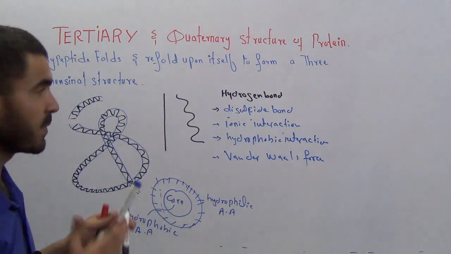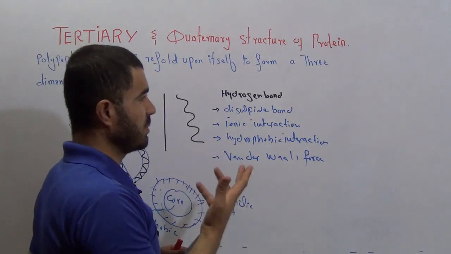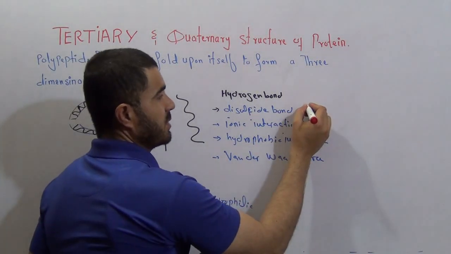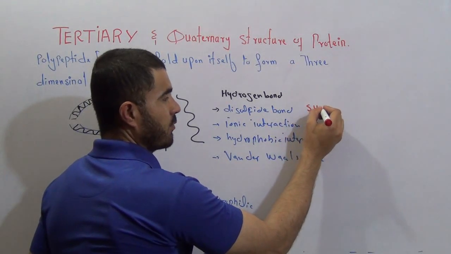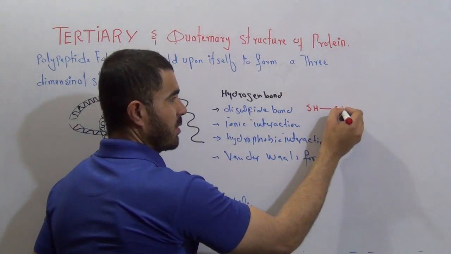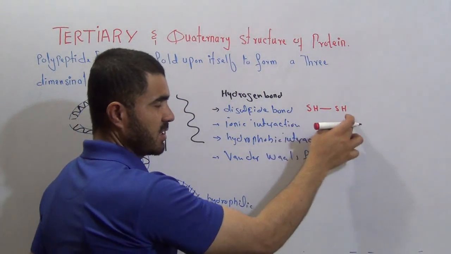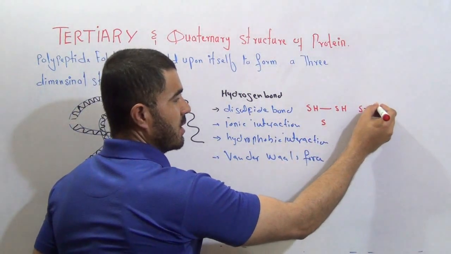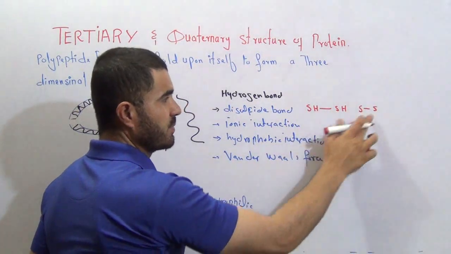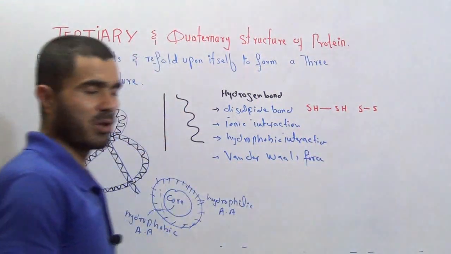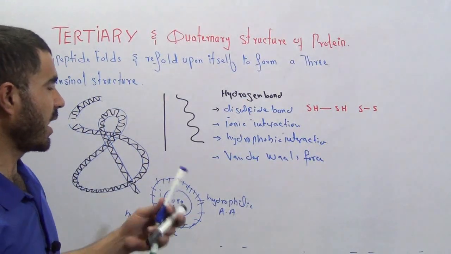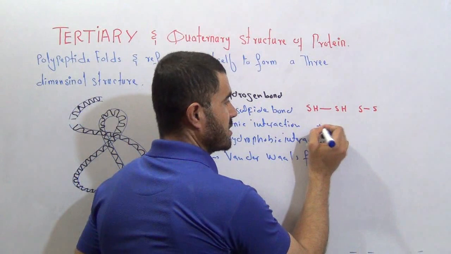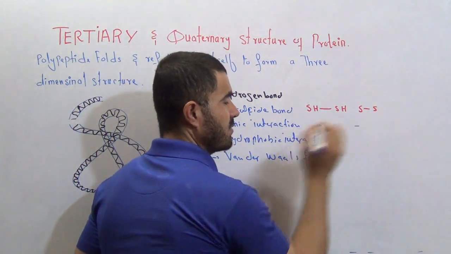Now the question comes, what is meant by a disulfide bond? A disulfide bond will always be between the sulfhydryl group of one amino acid and the sulfhydryl group of another amino acid, SH. When they make a bond, it becomes S, S, and H will be removed. So this SS bond is called a disulfide bond. Ionic interaction is between a positively charged species and a negatively charged species.